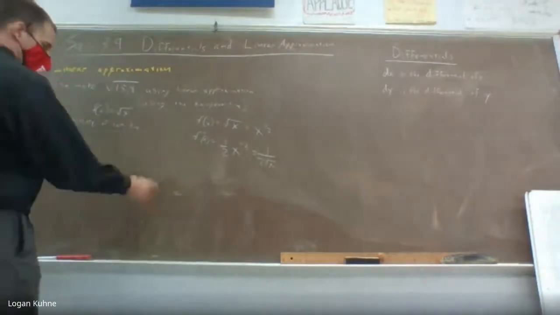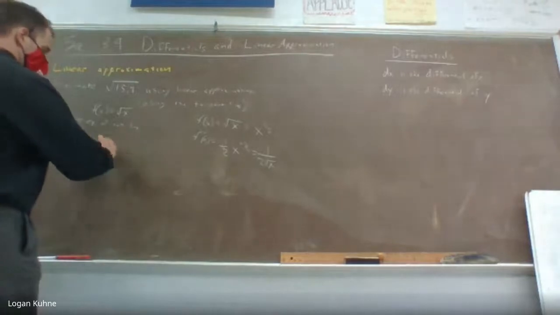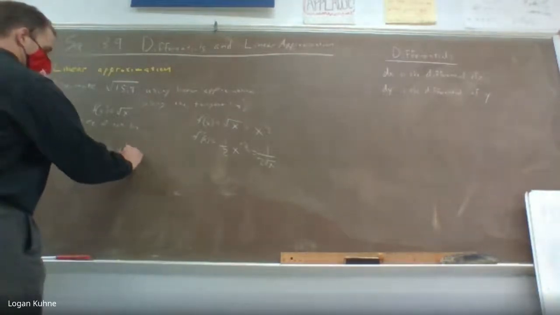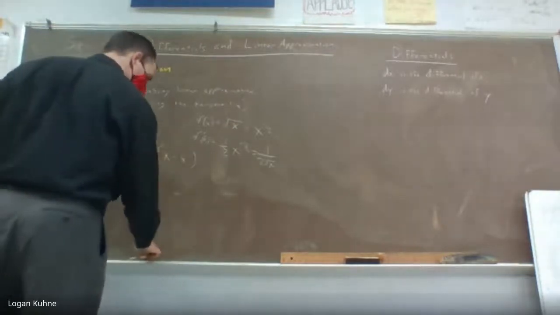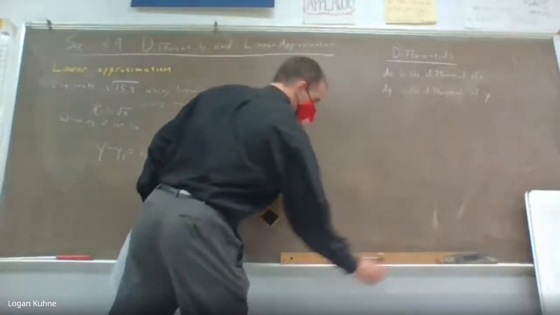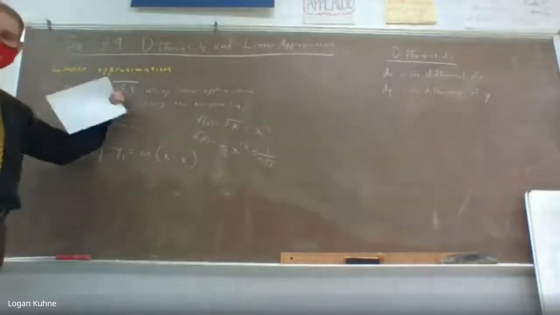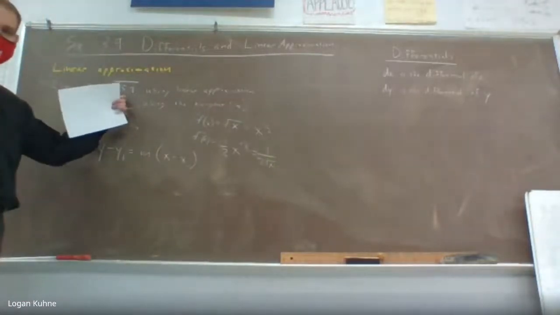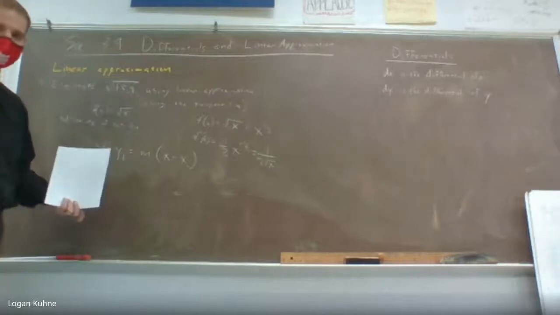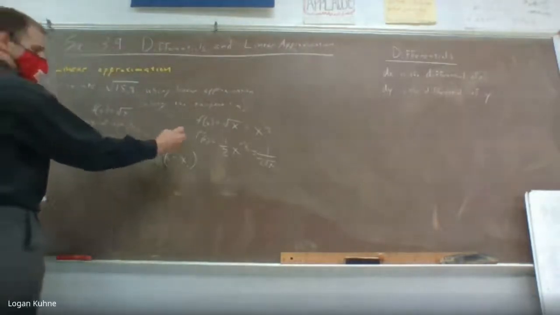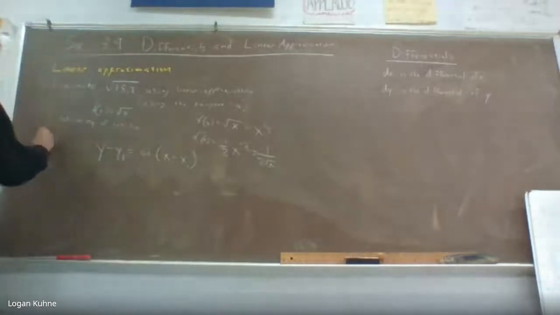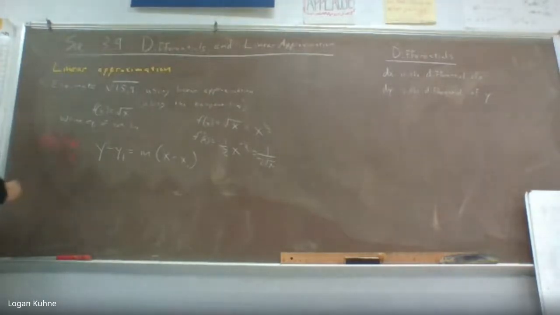Equation of a tangent line. So what we're going to do is y minus y1 equals m times x minus x1. We're going to use a point really close to 15.9. Obviously, that's going to be 16, right? So we're going to take f of 16. The square root of 16, we all know, is 4.